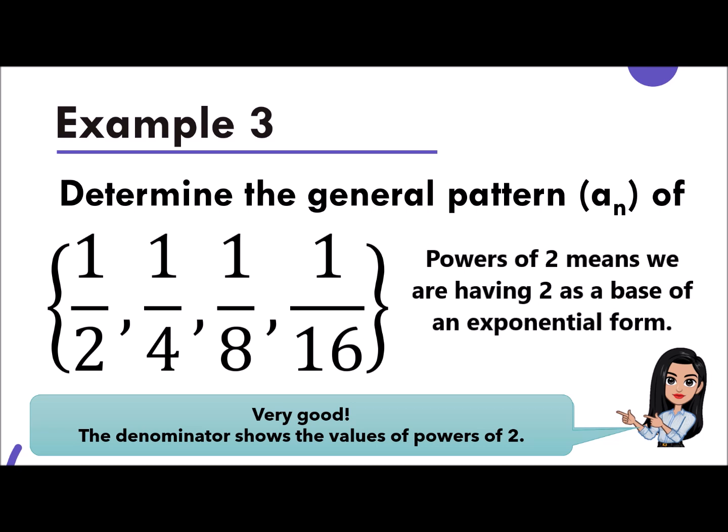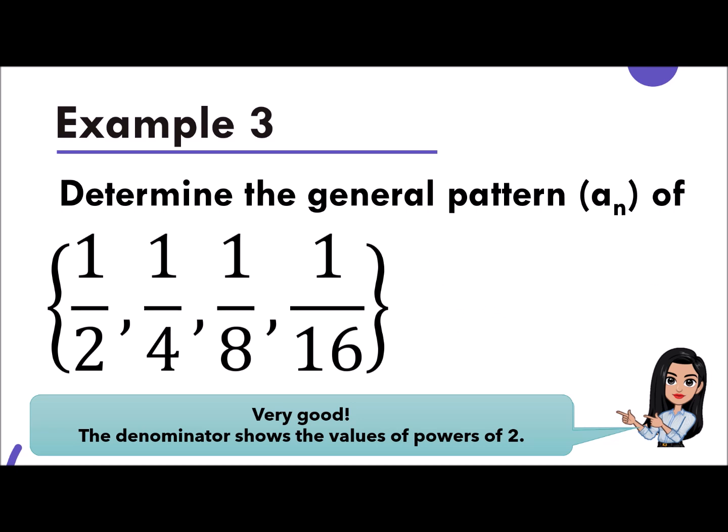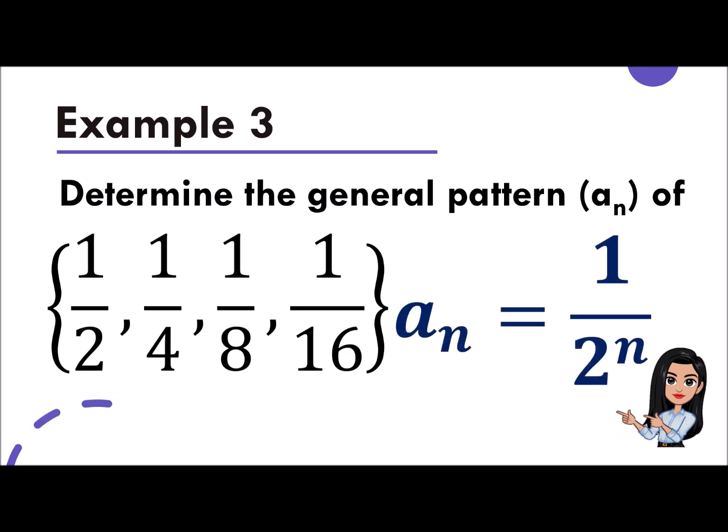We have exponents wherein the base is 2. So 2 raised to 1 is 2. 2 raised to 2 is 4. 2 raised to 3 is 2 times 2 times 2, which gives us 8. And 2 raised to 4 is 16, which gives us the general pattern a sub n is equal to 1 over 2 raised to n.